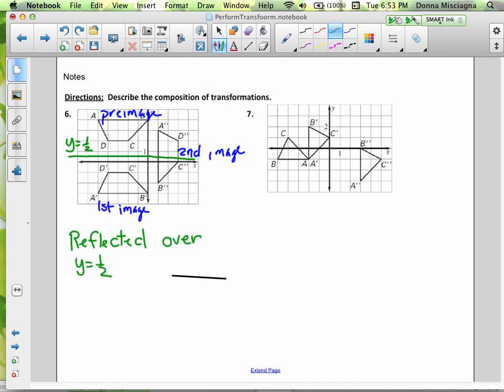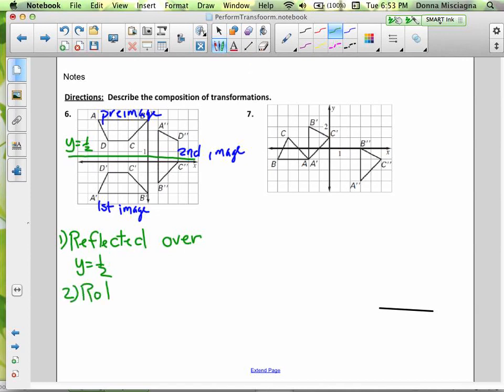All right, so now how did we get from the first image to the second image? Well, we can see it's not facing the same way. It's not a mirror image, so it's got to be a rotation.